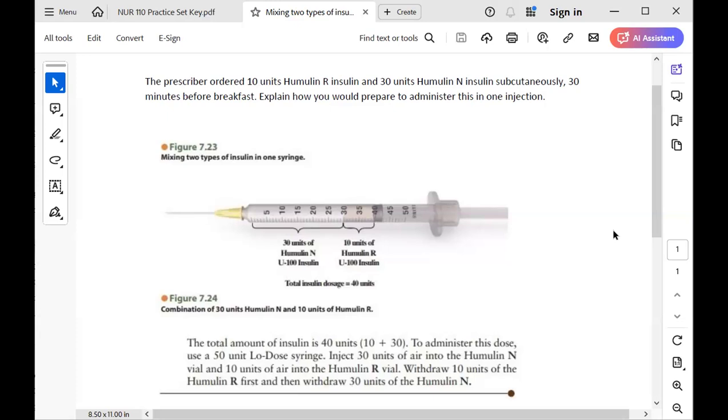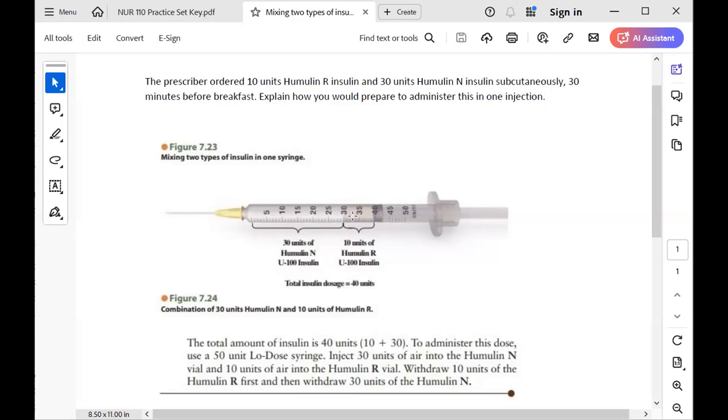When you actually do this in a clinical setting, you pull out the total amount, push out the air, push the portion of air of the regular into the regular, and then draw out what you need. There's a whole premise, but you can't obviously talk through that on a test. What they want you to basically get at is that you're going to draw regular first because it's the clear insulin.